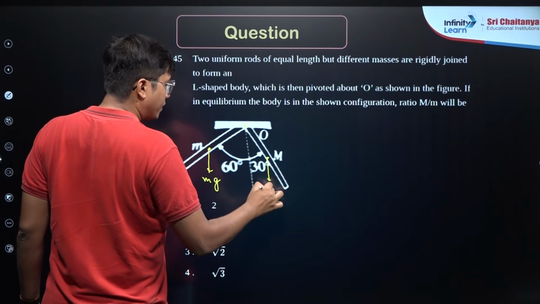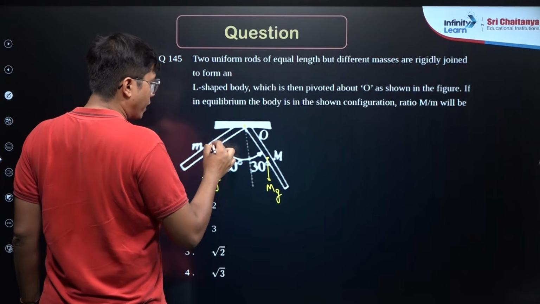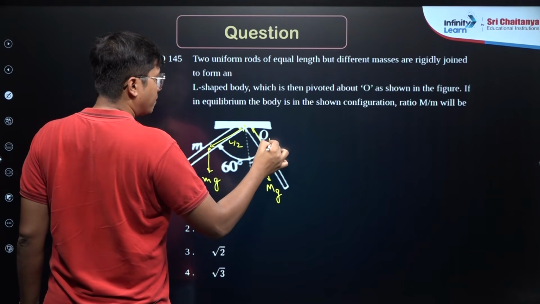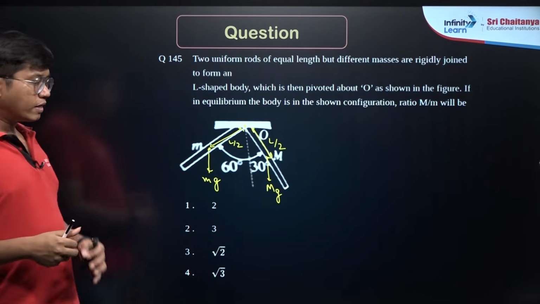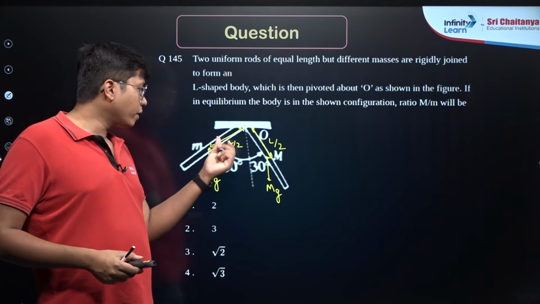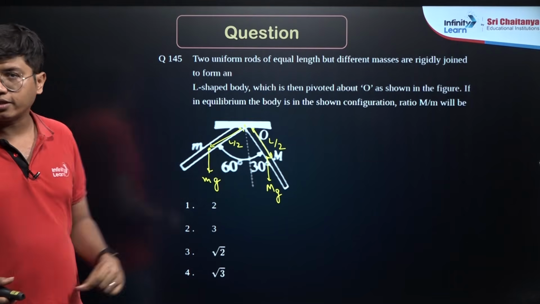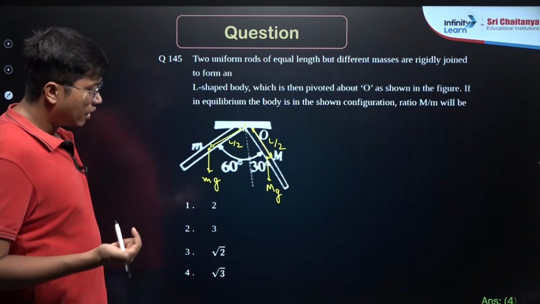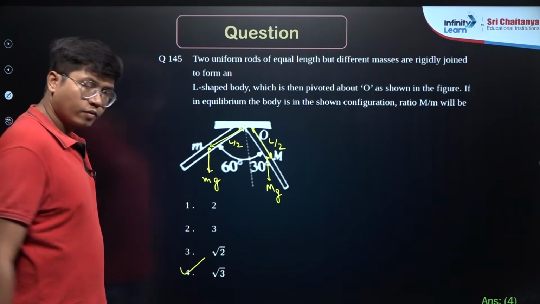From here, there is a capital Mg force acting. So you know this distance is L by 2. This distance is also L by 2. Once you have each of them, you can find the net torque, mg into L by 2 sin 60, Mg into L by 2 sin 30. On the basis of that, you can solve, get capital M and small m. Answer would be 4. Okay.